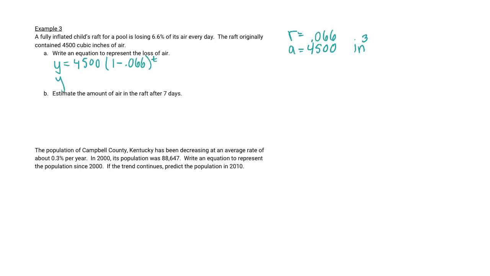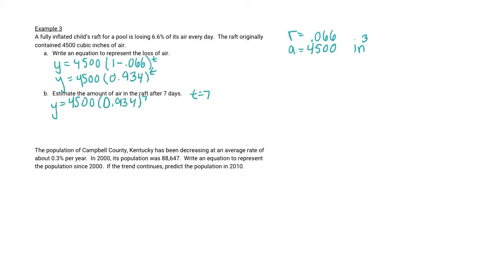So we can rewrite this: Y equals 4,500 times 0.934 to the T power. Now, we want to know when T equals 7, how much air is left. So Y is 4,500 times 0.934 to the 7th power.